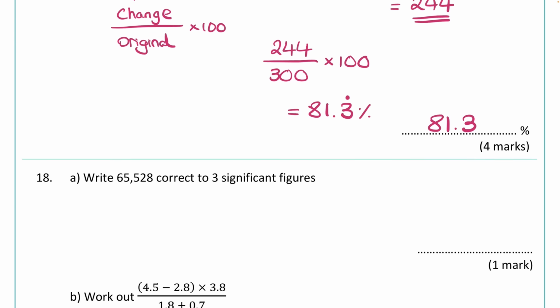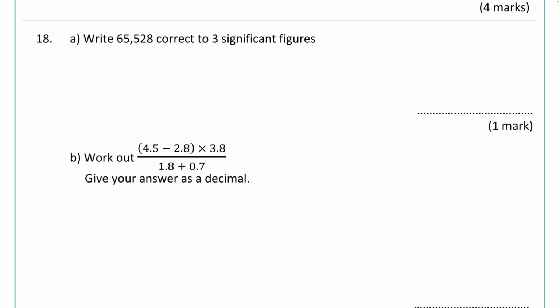Okay, so on to the next one. We have here writing 65,528 correct to 3 significant figures. So significant figures, the place value of that, will change depending on the number. Here, if we go 1, 2, 3, that third significant figure is in the hundreds column, which means this is going to be rounded to the nearest 100.